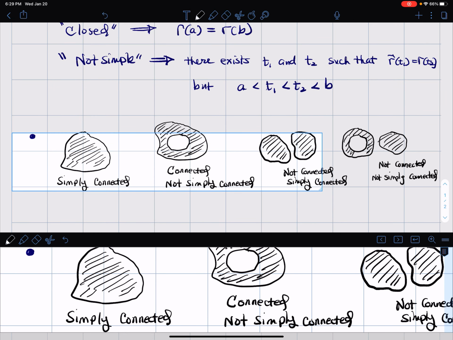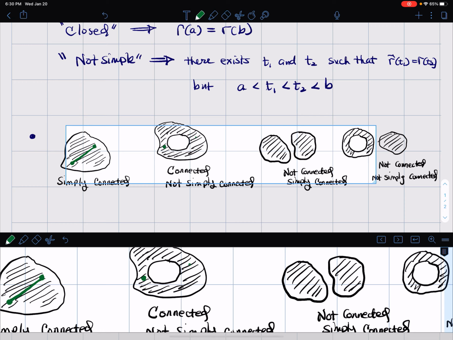So a simply connected region: if you think of any 2 points in those regions, you can always draw a straight line between those 2 points. All right? That's simply connected.